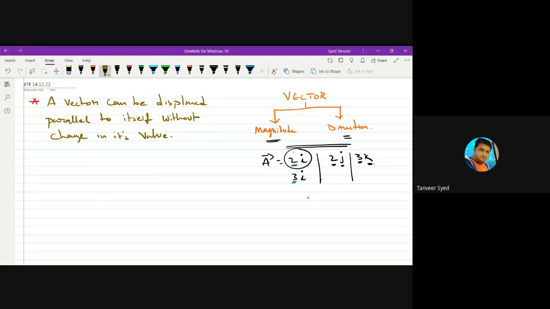You can displace a vector parallel to itself, and this displacement does not change its value.